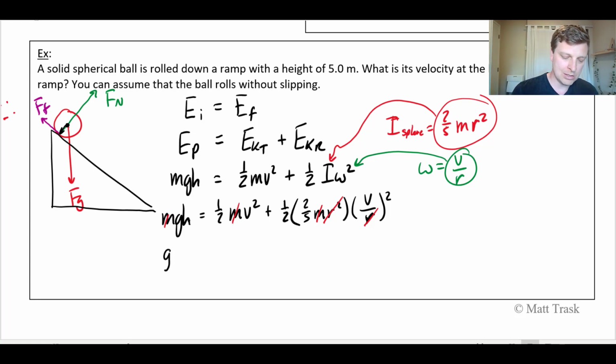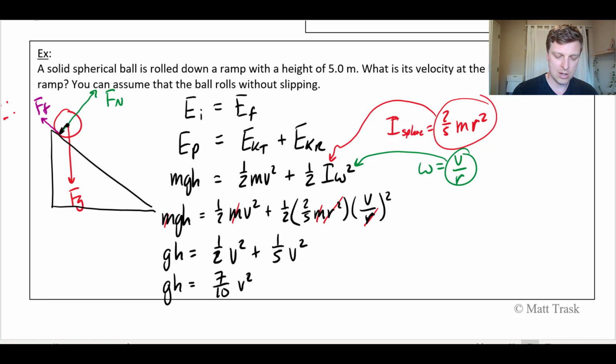And so I end up with gh equals 1/2 v squared plus 1/2 times 2/5 is 1/5 v squared. Now, if I remember how my fractions work, 1/2 is the same as 5/10, I end up with gh is equal to 7/10 v squared, which when I solve that for v, I get v is equal to the square root of 10/7 gh.